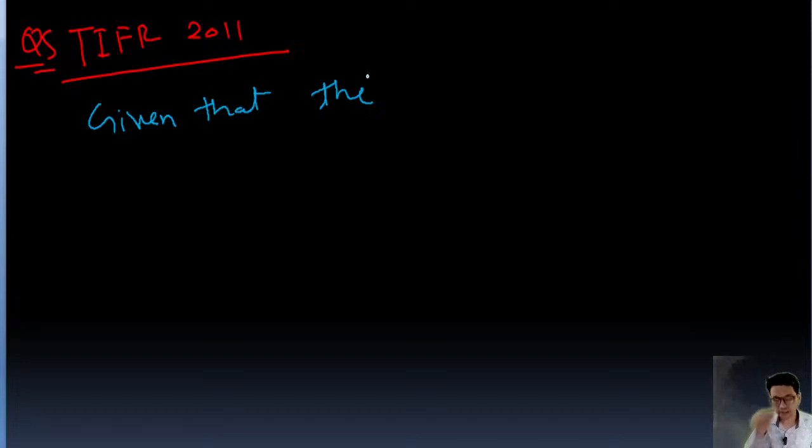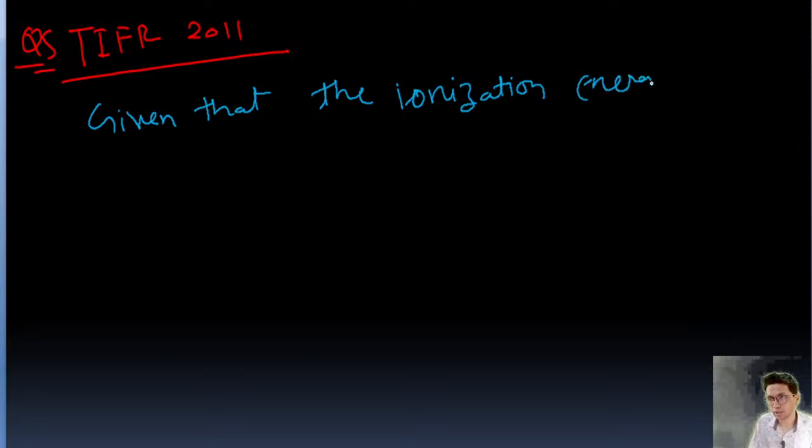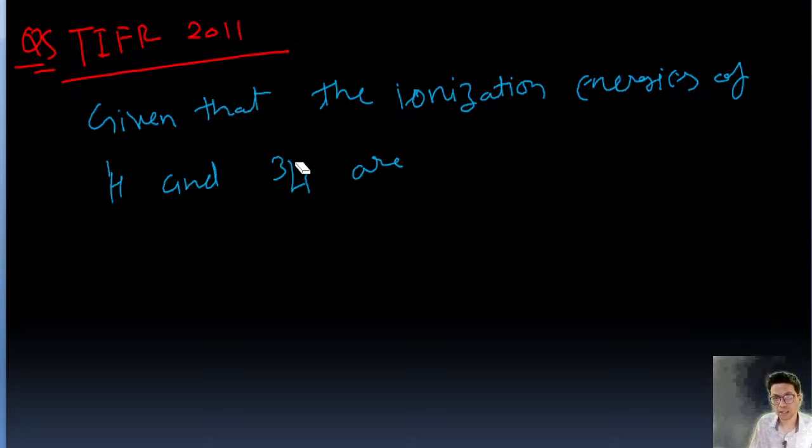Question is: given that the ionization energies of 1H1 and 3Li are 13.6 electron volt and 5.39 electron volt respectively.